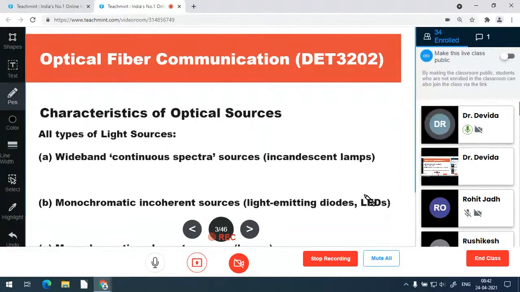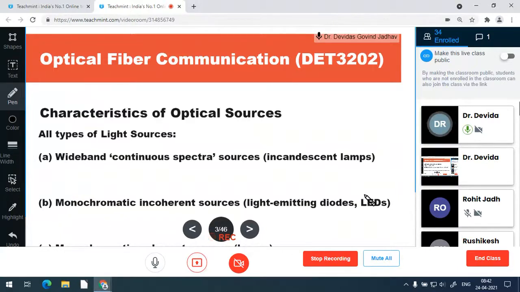Now, what do you mean by single color? It is called monochrome. Chrome means color. Monochromatic. So light is monochromatic from laser diode and light emitting diode. Monochromatic means single color. Why single color?